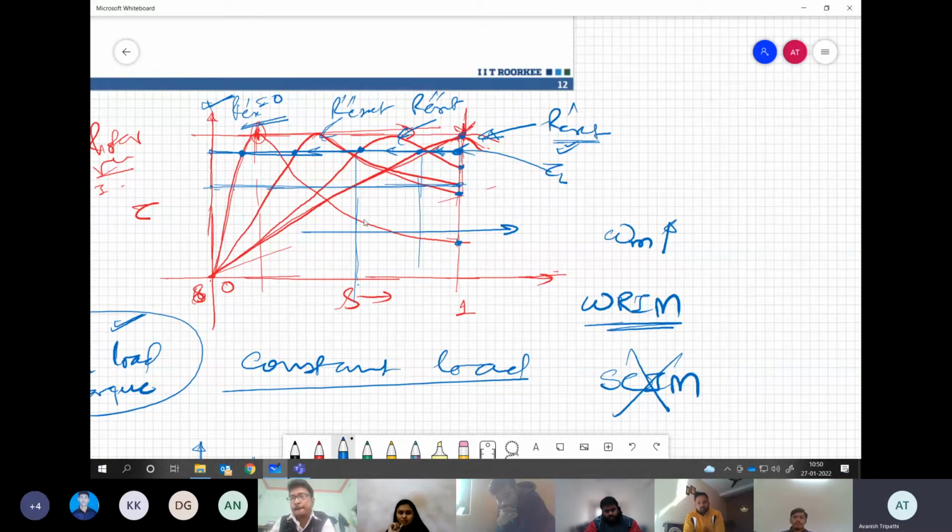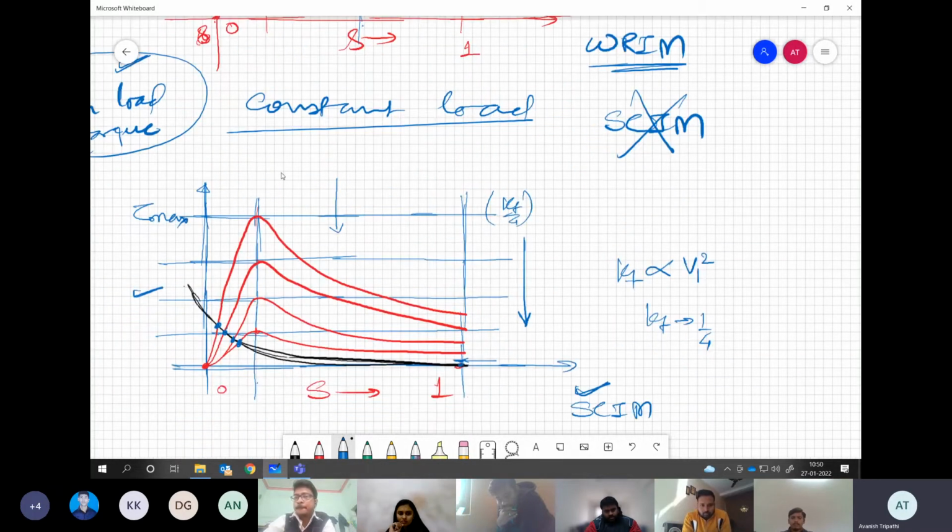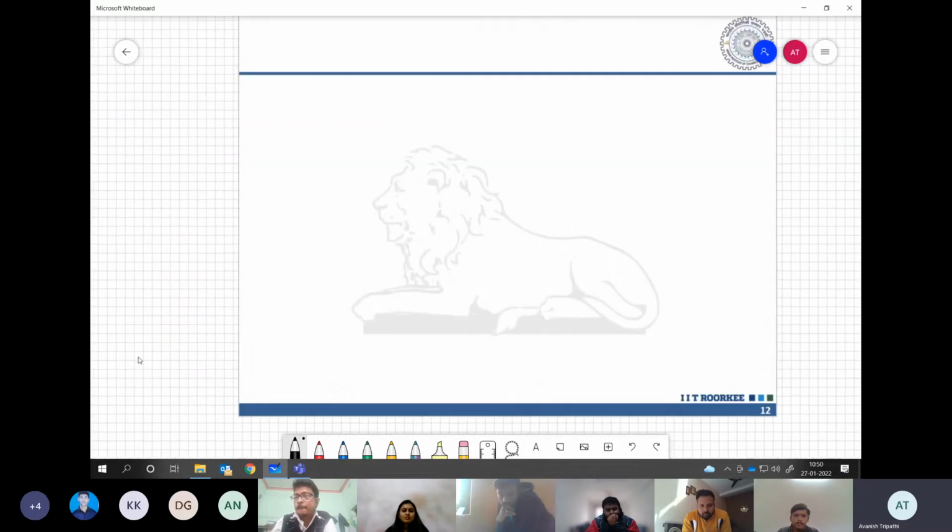And in the second case, our starting torque itself is reduced. So if we have any load torque, let us say we want to start, which is here, we can never start it with the reduced voltage starting. The maximum starting torque is here, and with the reduced voltage, you can only reduce it. You cannot increase it. So that is where we go for the other methods of starting or running the motor.